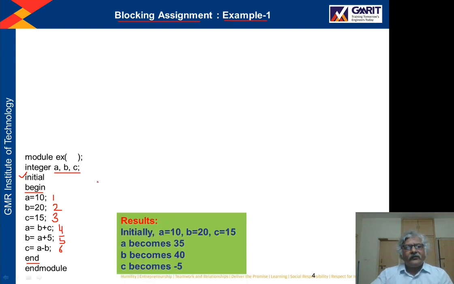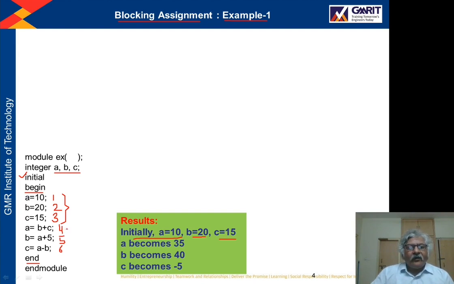Okay, now what we will see here, the initial value of A is 10, B is 20, and C is 15 due to three statements: statement number 1, statement number 2, and statement number 3. A will get a value 10, B will get a value 20, and C will get a value 15.